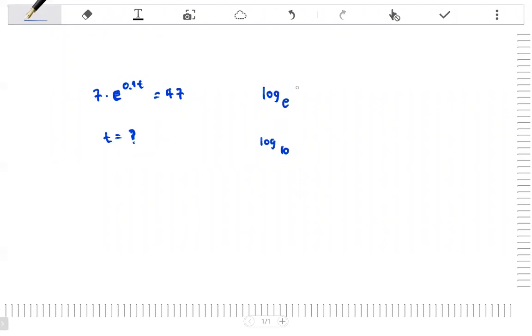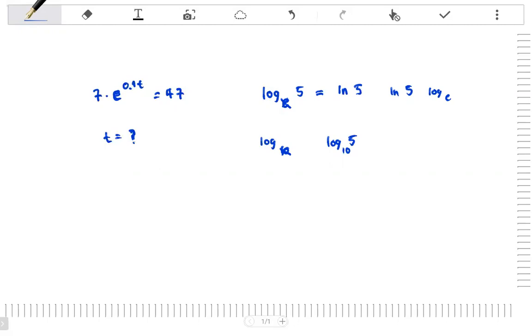And when our base is e, let's say log base e of 5, then in the same way as we don't write 10, we don't write e, but we write it as ln. So ln of 5 instead of log of just 5. If you do log 5, we know it's base 10. If you do ln 5, we all know it's base e.